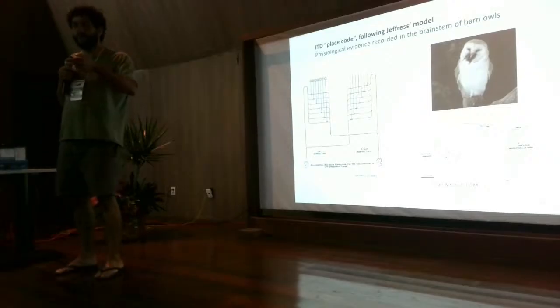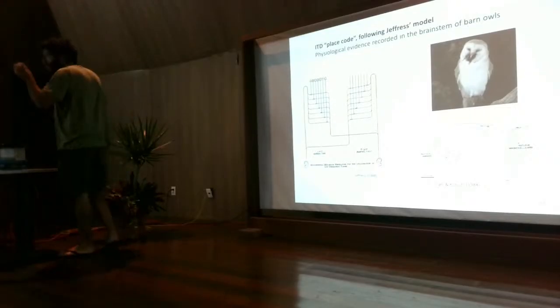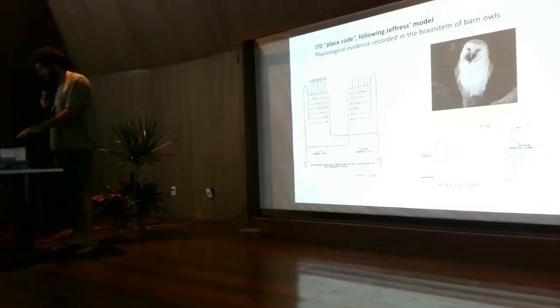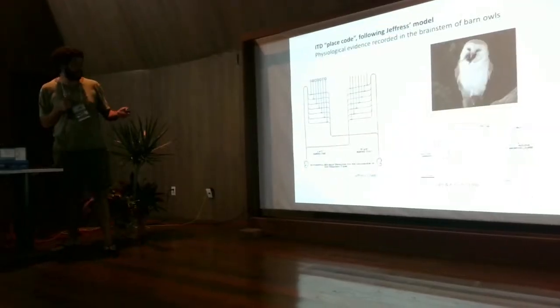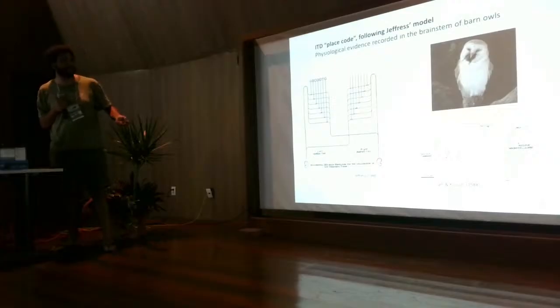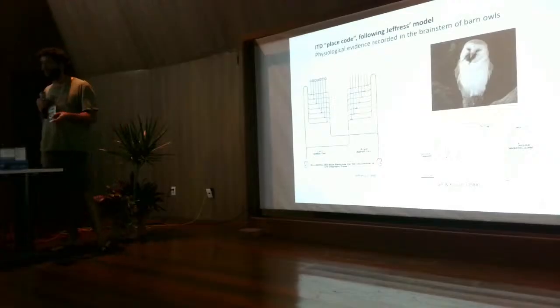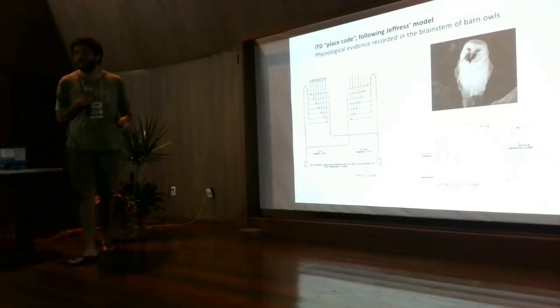There are no recordings specifically from this system in humans, but the idea was to adapt what was proposed and found in owls, and check if this is also present in humans, right?